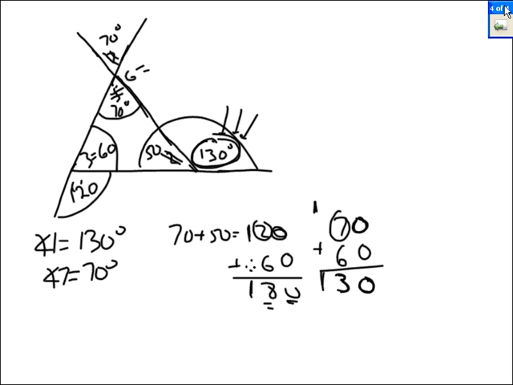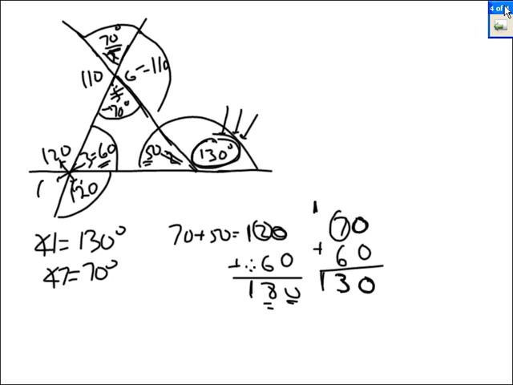Angle 6, being exterior to the 70 degree angle, must add up to 60 plus 50, which is 110. Or, you could have said that's a straight angle, and what do you add to 70 to get 180? 110. Okay, so we found out everything. Of course, this is also 110, and this is 120, because opposite angles are equal.